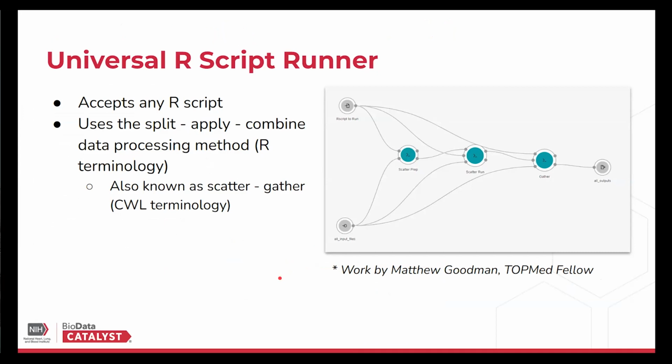If you're an R user and you want to submit a script as a job to Biodata Catalyst, you might just say, here's my script and here's the files that I want to run the script on. We're coming up with this idea that you could add almost any R script if it's configured a certain way, and it'll run performantly because it's going to use the split-apply-combine data processing method, which we also call scatter-gather.